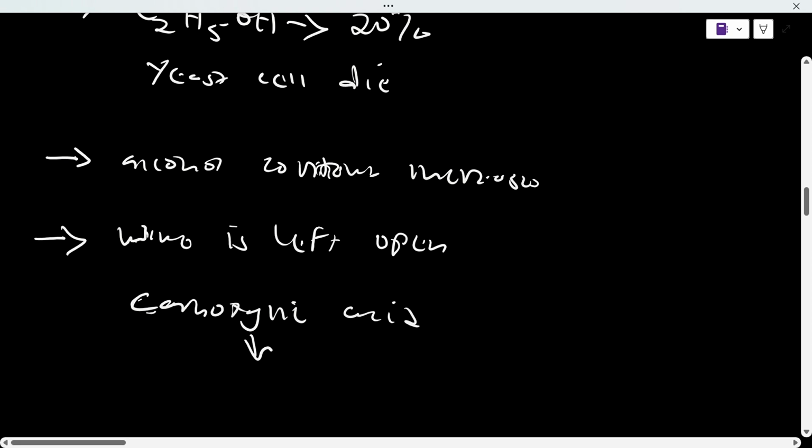And this carboxylic acid is what is responsible for the sour taste, when alcohol is left in air for longer duration.